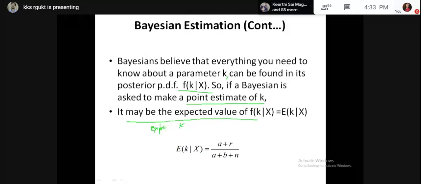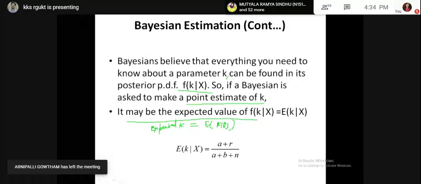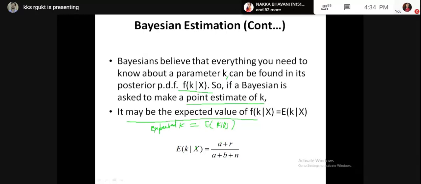The expected value of k is equal to the expected value of k given x, that is our function. So if you look at the beta distribution, how to find the mean of a beta distribution I have not covered here, but the mean of a beta distribution is equal to this.